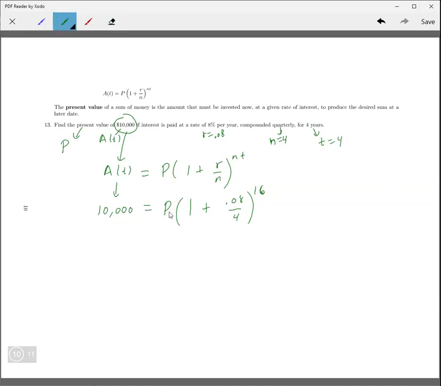Okay, so if we just take all of this to the other side underneath, then we have $10,000 divided by (1 plus 0.08 over 4) to the 16th power.